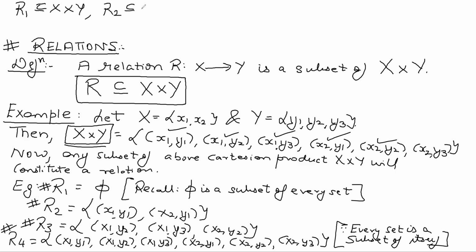R2 is also a subset of x cross y. R3 is also a subset of x cross y. And R4 is also a subset of x cross y. So what we learned today is that a relation is nothing but a subset of the Cartesian product.